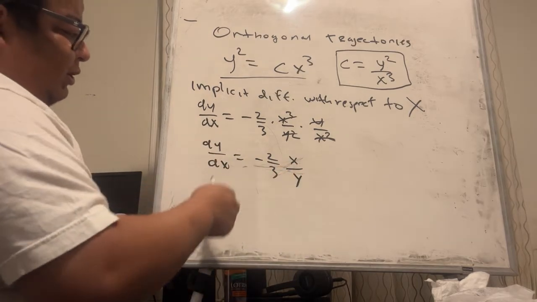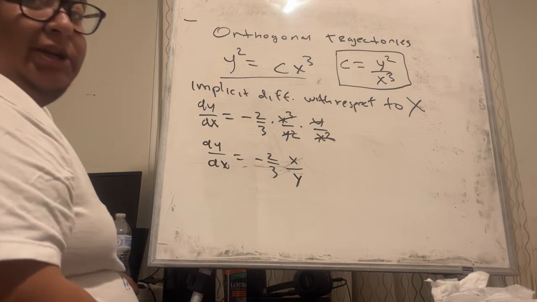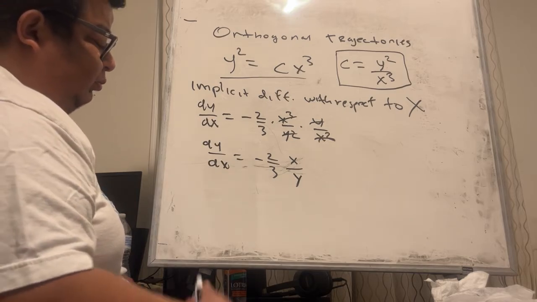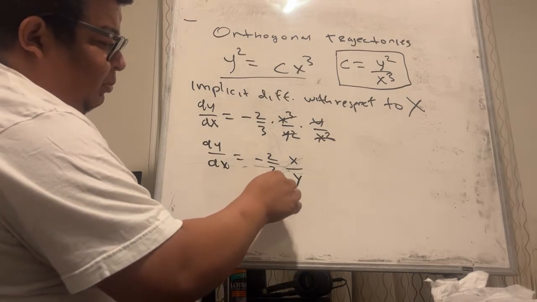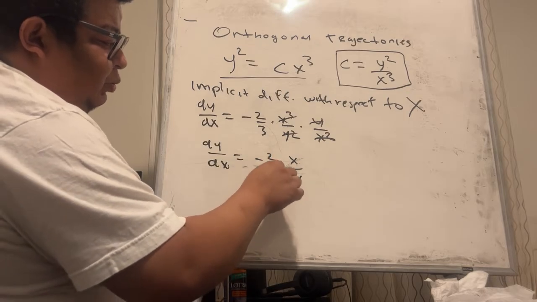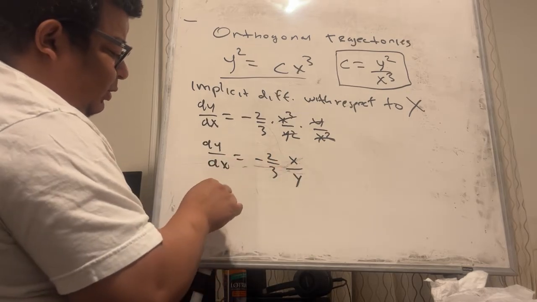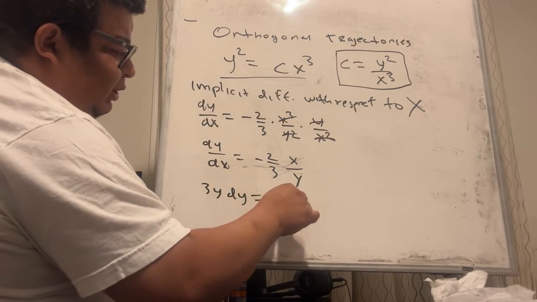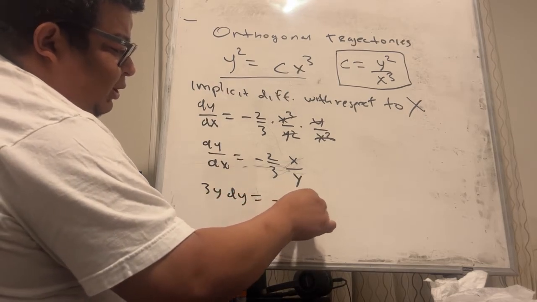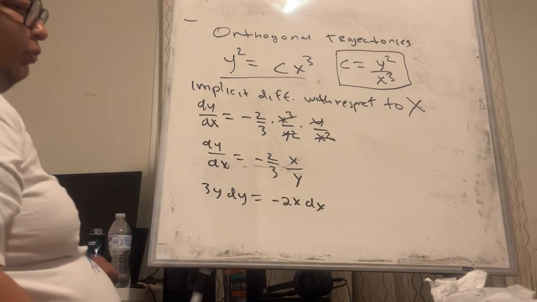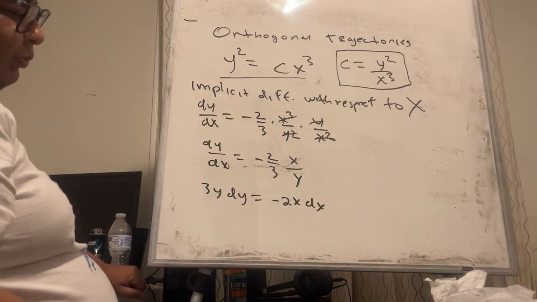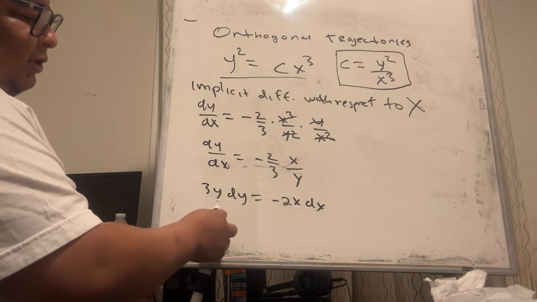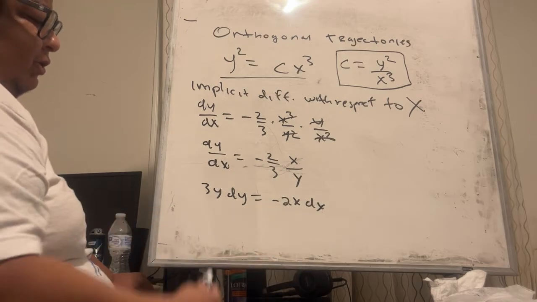Now we isolate dy on one side and dx on the other. So we bring 3y to the other side. That would be 3y dy equal to negative 2x dx. Now on the left side we have y, on the right side we have x.